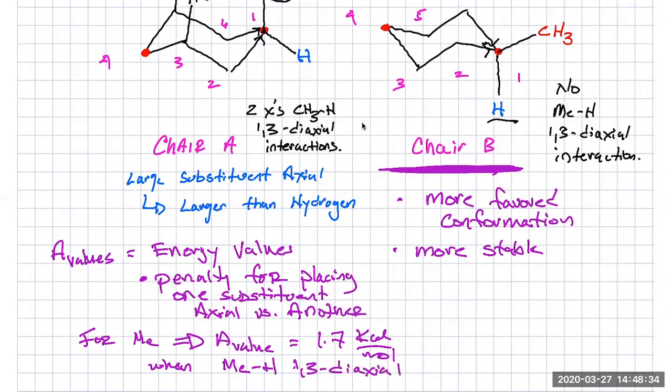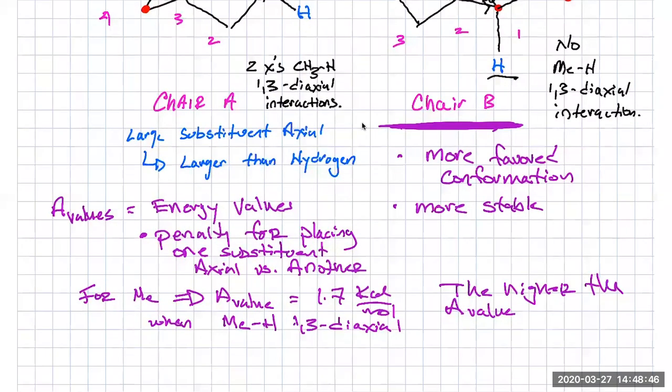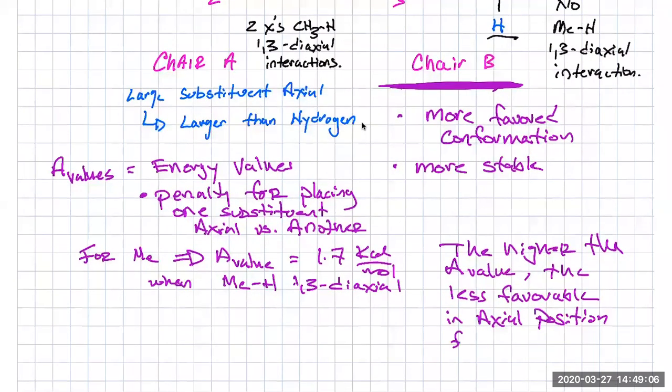So there are tables that give you these values. The higher the A value, the less favorable that group is in axial position. For that particular group. I'll just leave it as that.